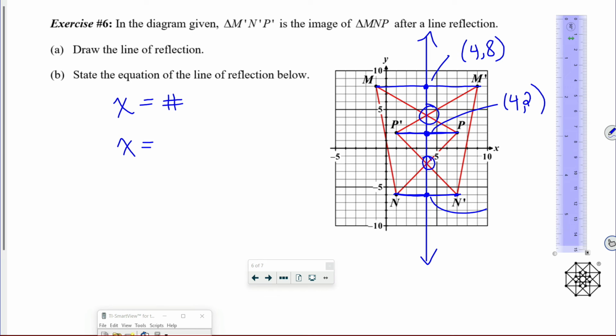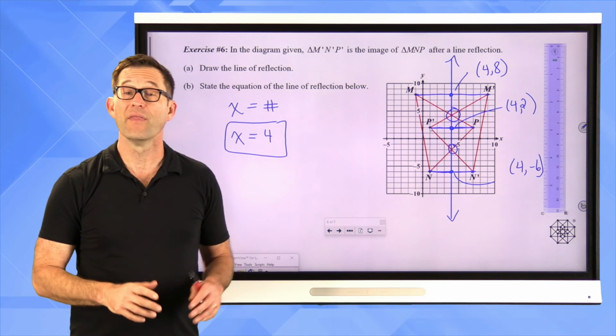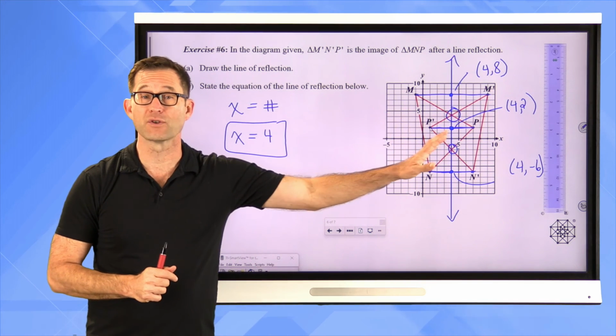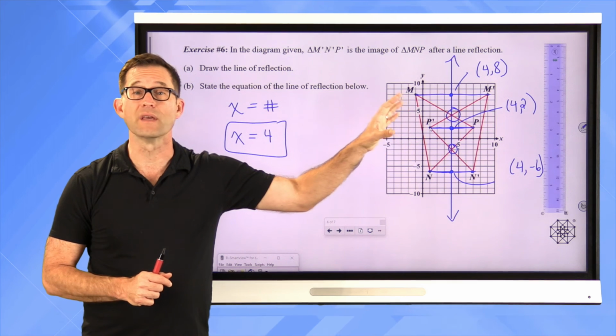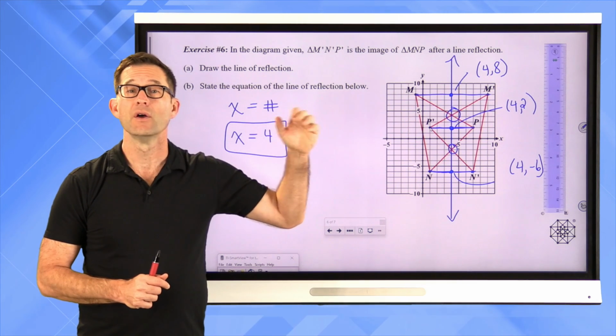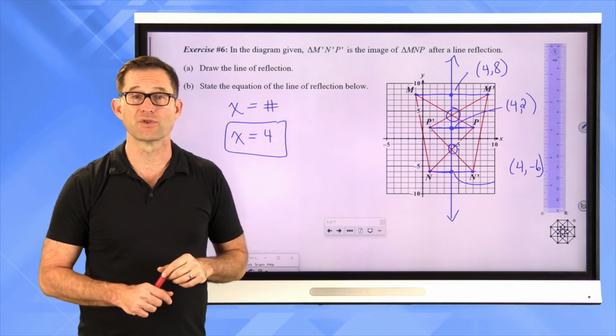This particular point is 4, -6. So it looks like our equation is just x equals 4. All right, and that is not an uncommon question, right? What is the equation of the line of reflection to produce a particular image?